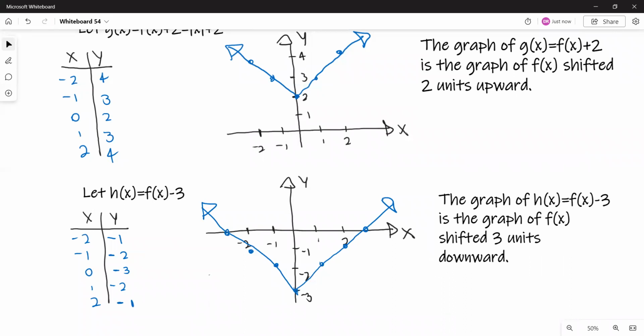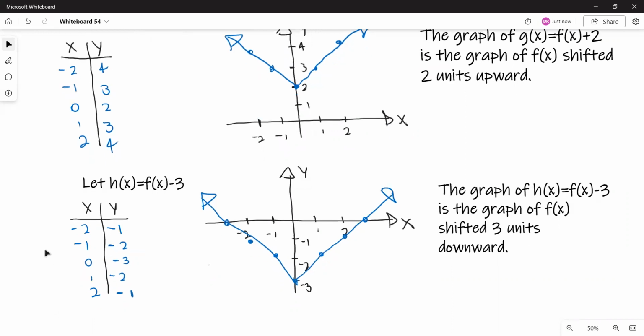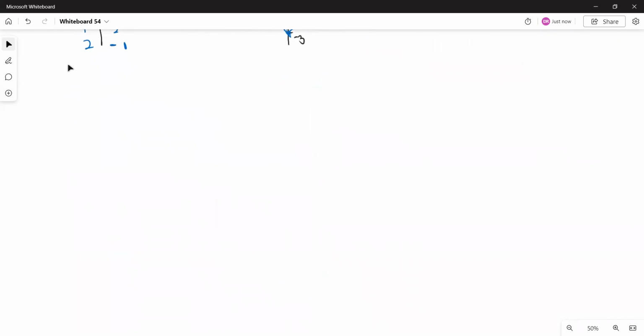And here's the summary of vertical translations or vertical shifts. This is on page 267.